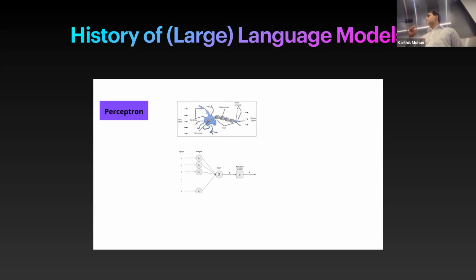If you look at the figure at the top, that's an actual depiction of a neuron, right? A single cell neuron. It has dendrites and axons. It takes in information through the dendrites, and then it does something within the cell. There is some magic that happens within the cell, some chemical reaction, electrical impulse. Something is happening to the information which is coming in as electrical and chemical signals.